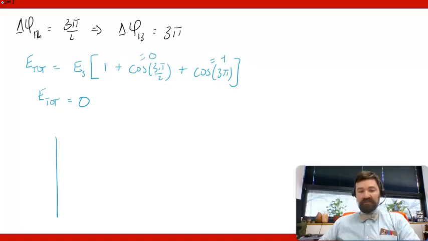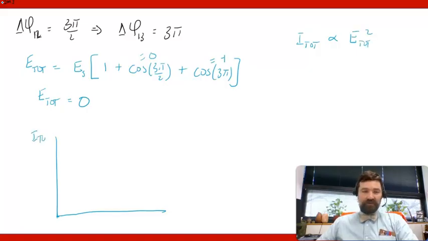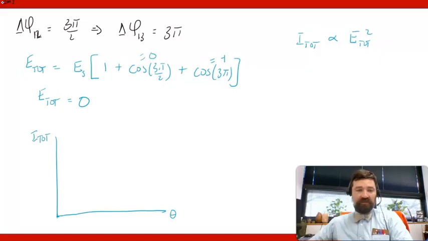Okay, so this new pattern with 3 slits, rather than being a simple sinusoidal or cosinusoidal pattern, now has sort of primary and secondary maximal values. So remember again that intensity total is proportional to the square of the total E field. So if I wanted to plot my total here versus, let's say, theta, at theta equals 0, I have locally a maximum.